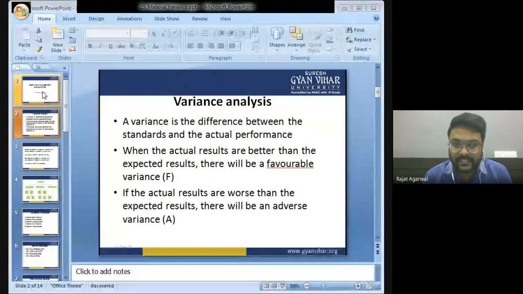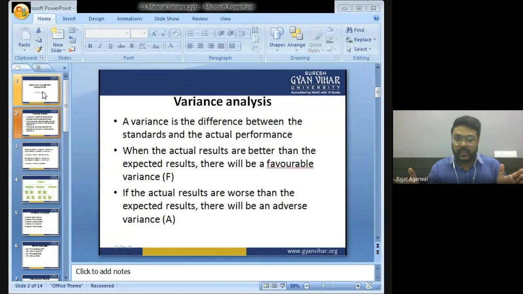Okay. So I told you variance is a difference between the standard and actual performance. When the actual results are better than the expected results, then there will be a favorable variance. If actual results are worse than the expected results, then there will be adverse variance.